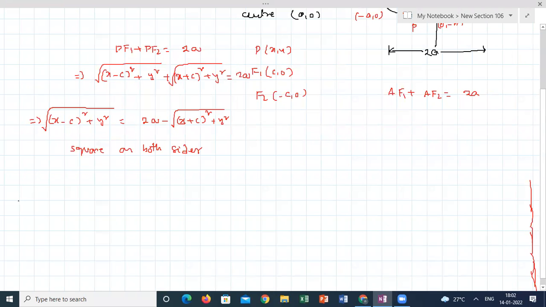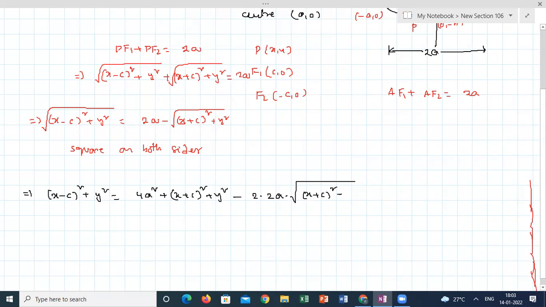I will get here x minus c whole square plus y square is equal to 4a square plus x plus c whole square plus y square minus 2 into 2a into root of x plus c whole square plus y square.